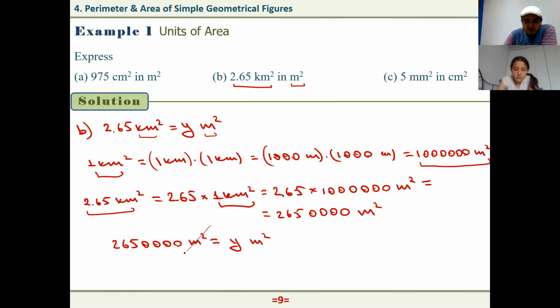These are just units, so we can cancel them out. That means y equals 2,650,000. That's the value of y. That means that 2.65 kilometers squared is equal to 2,650,000 square meters.